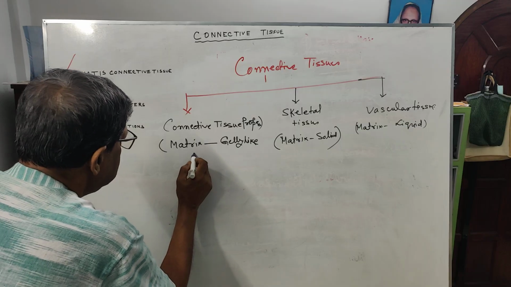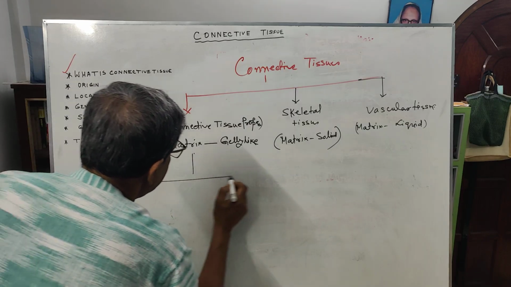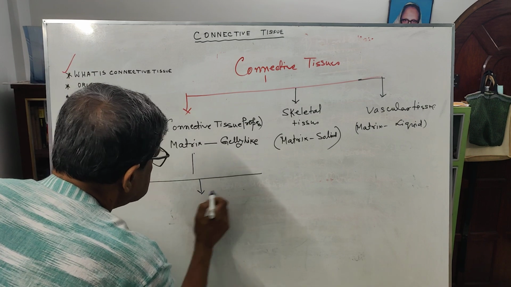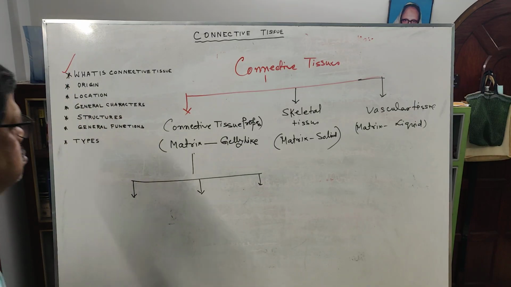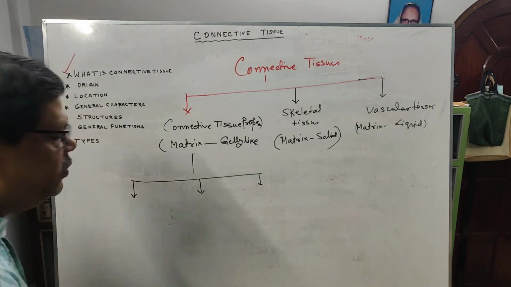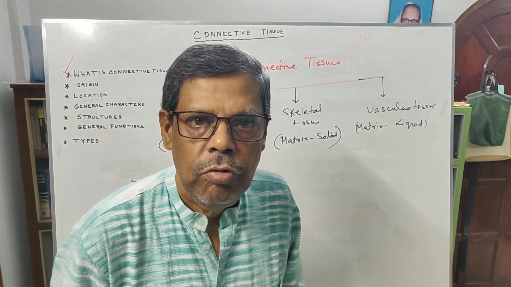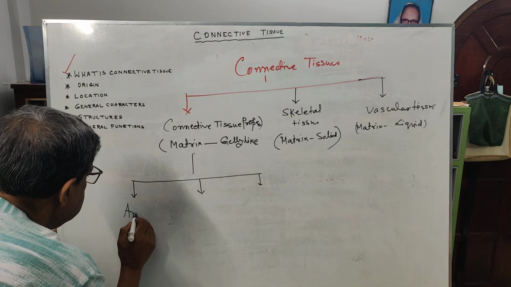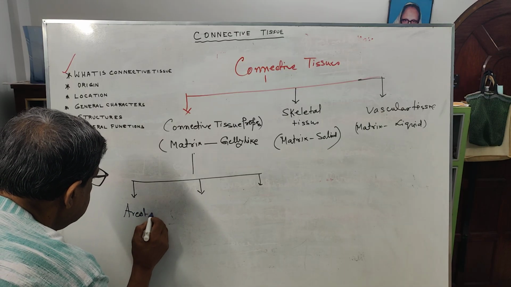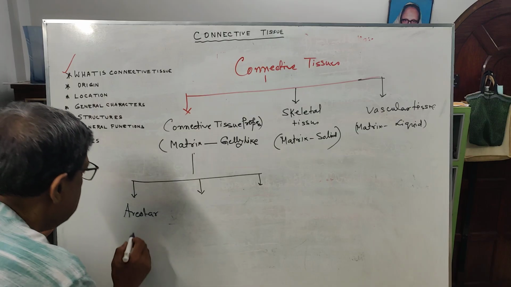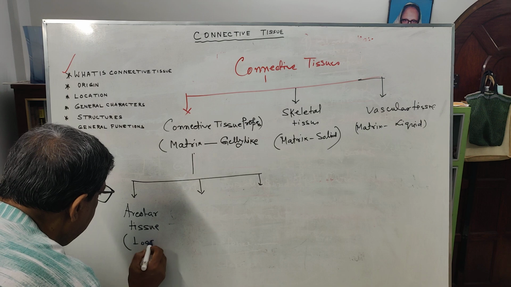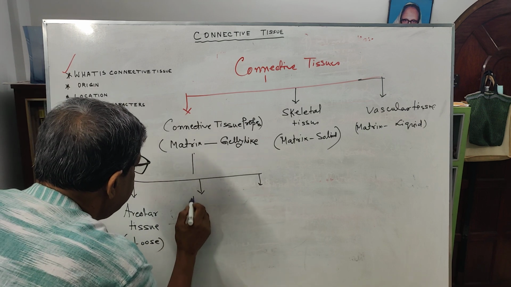Connective tissue proper is divided first into areolar tissue, that is loose connective tissue, and dense connective tissue.